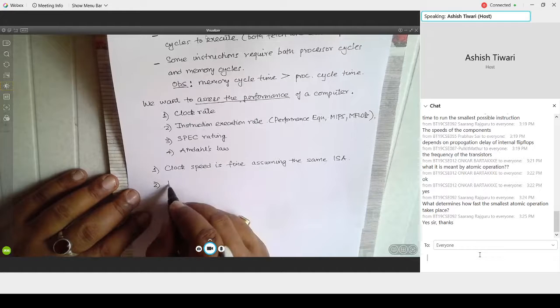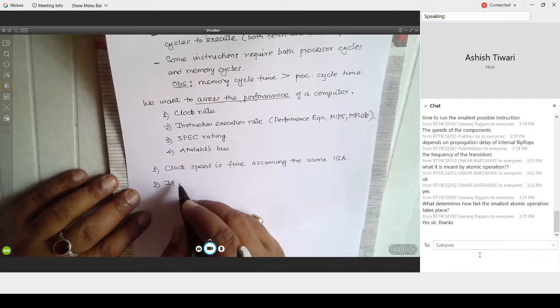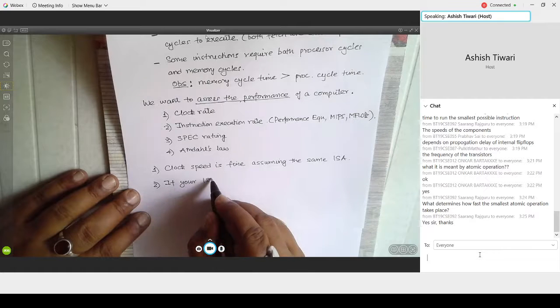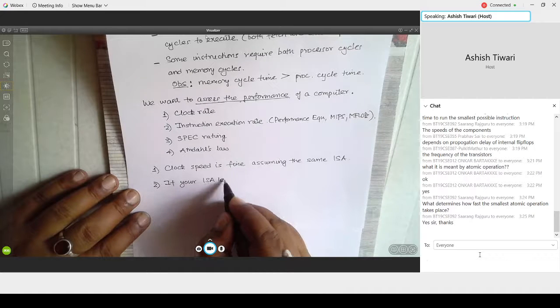We say that if your program executes faster, it is fast, which seems fair enough.